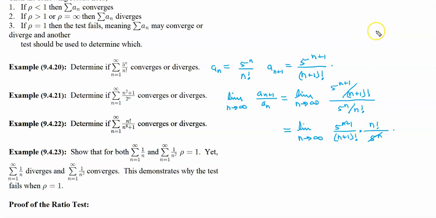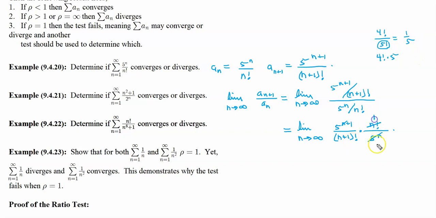Recall, for example, if we look at 4 factorial divided by 5 factorial, right, that's going to be 1/5, right? Because the 5 factorial you can think of as 4 factorial times 5, right? And so the 4 factorials would cancel, leaving you 1/5.